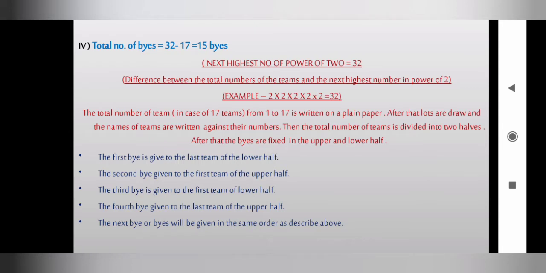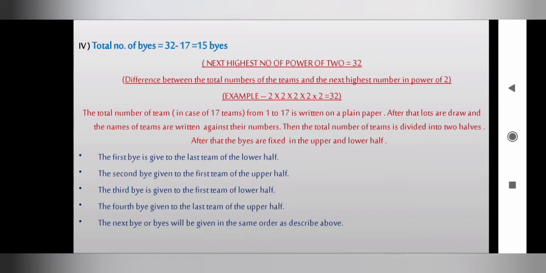On the next page, the fourth point is the total number of byes. It is equal to 32 minus 17, which is 15 byes. So how do we come to 32? I'm explaining it in the next two lines. The next highest power of 2 is 32.